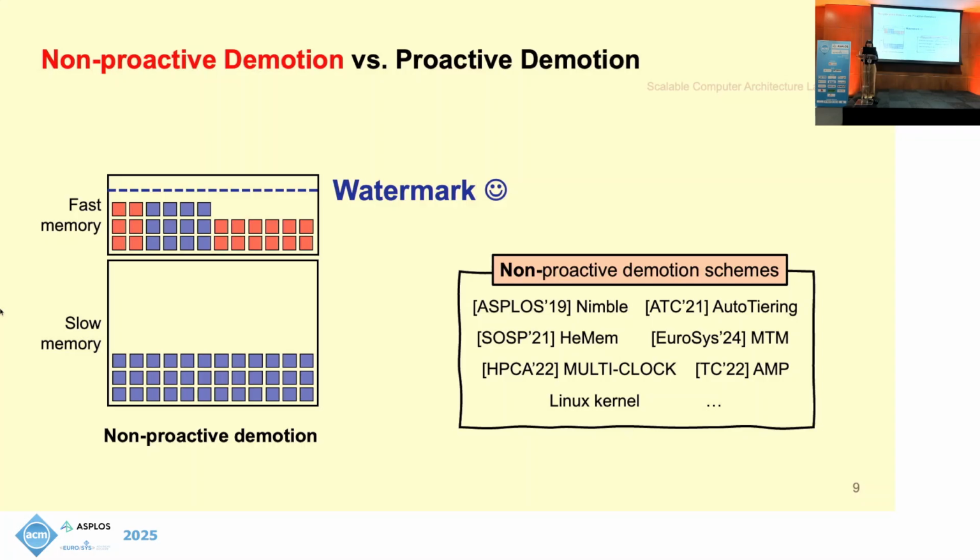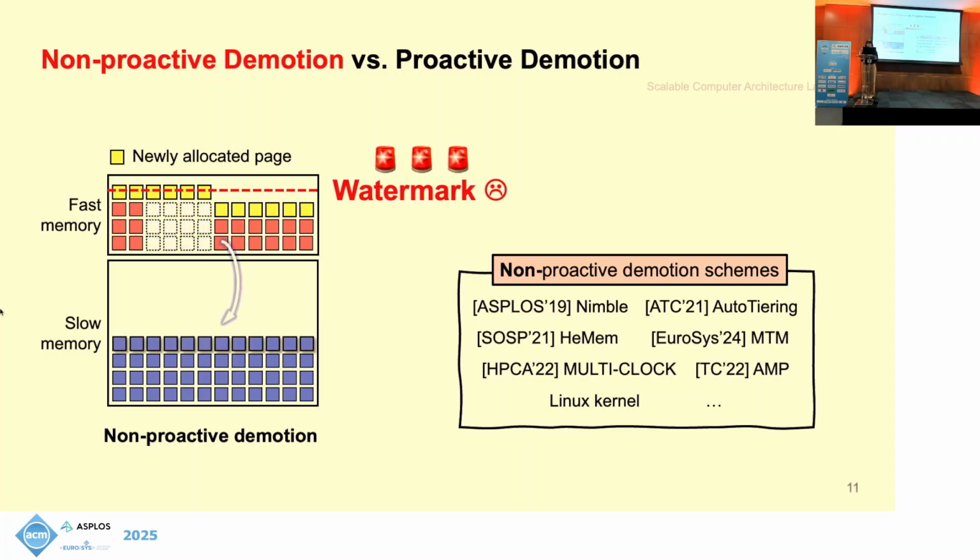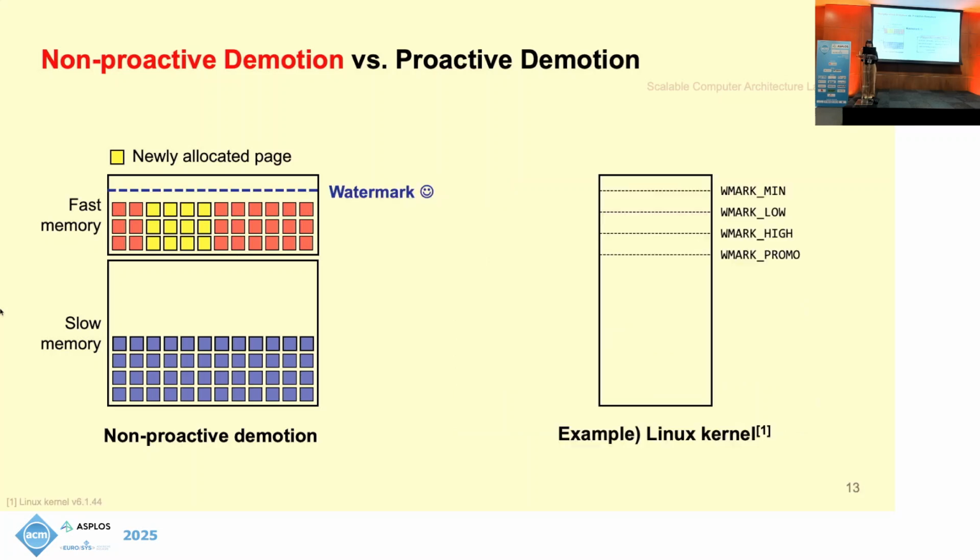Most of the existing tiered memory management schemes, including the Linux kernel, use a tight threshold to trigger demotion. When there is not enough free space in fast memory, they start to demote cold pages. They stop demoting pages if the number of free pages is greater than the threshold. For example, the Linux kernel defines 4 watermarks.